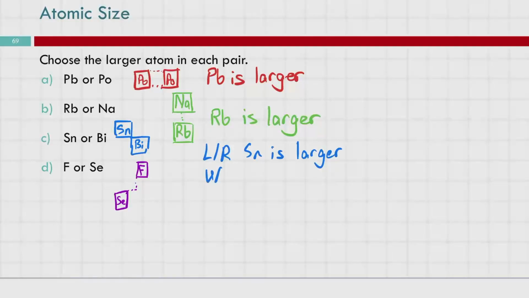And then up, down, bismuth is larger. So just isolating the 2 directions that we can think about, they're offsetting, they're competing. Probably bismuth is larger because of adding in a whole extra shell versus just the tiny little bit of shrinkage from increasing the number of protons. Bismuth is probably larger.